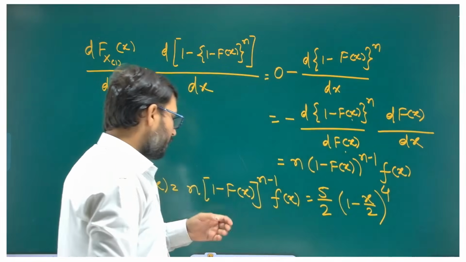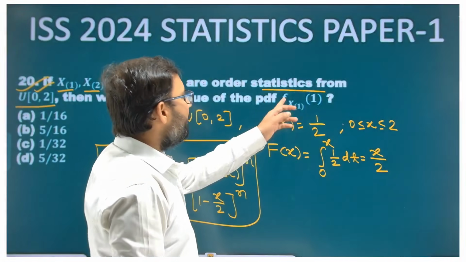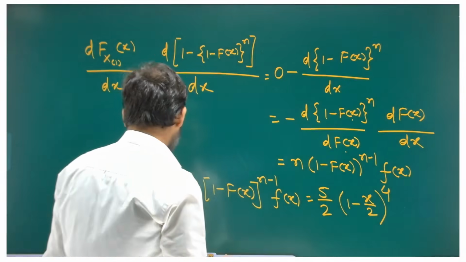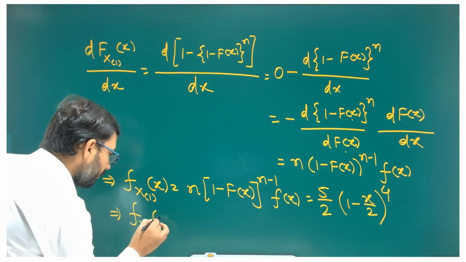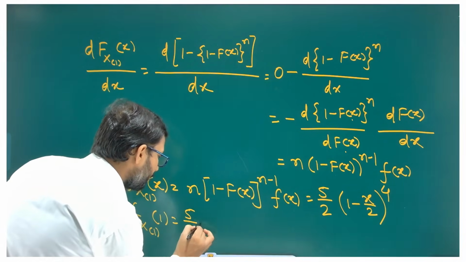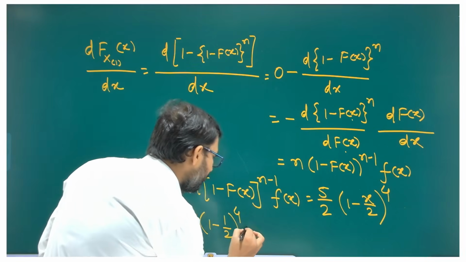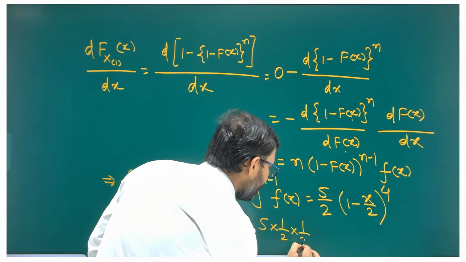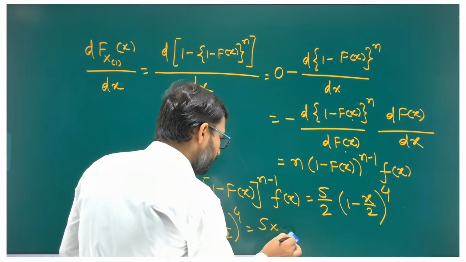Got the point? But what they have asked is f x1(1), so put the value of x equal to 1 in the expression. This is f x1(1) equal to 5 by 2 into 1 minus 1 by 2 to the power 4. Now this is equal to 5 into 1 by 2 into 1 by 2 to the power 4, that means 1 by 2 to the power 5.